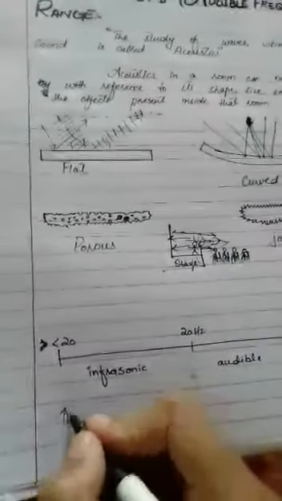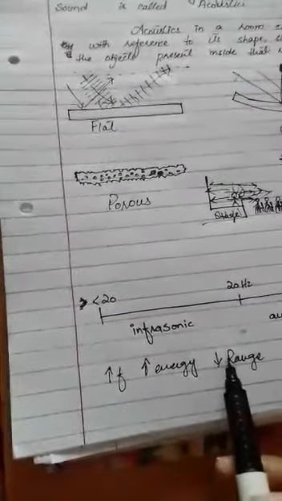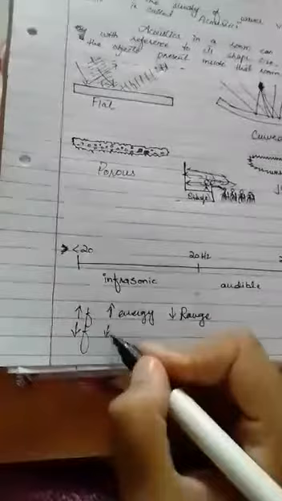Remember that the higher the frequency, the higher the energy, but the lower the range, because it would attenuate or disperse very quickly. Similarly, in the case of lower frequency, the energy would be lower, but the range would be higher.